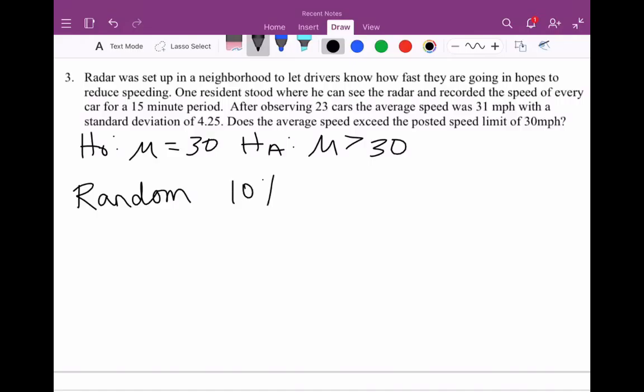Then we have 10%. This one is a little trickier because we would have to know that there are at least 230 cars driving through that neighborhood. But again, because there's no reason to believe that how fast one car is going to affect the next car that's driving past, there's no reason to believe that they're not actually independent. And then we have the nearly normal.